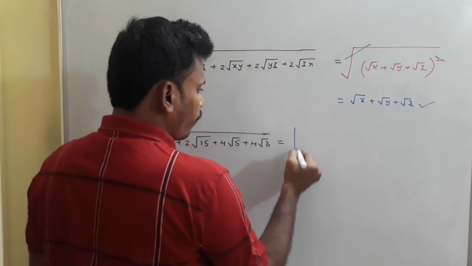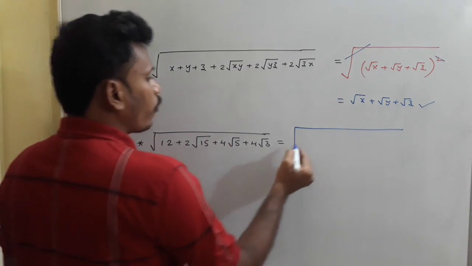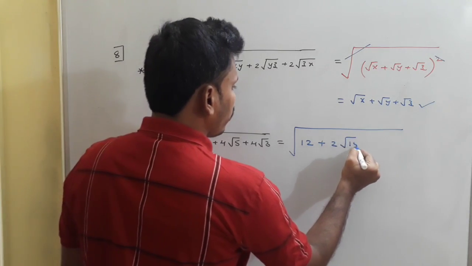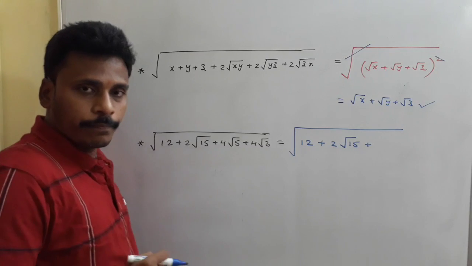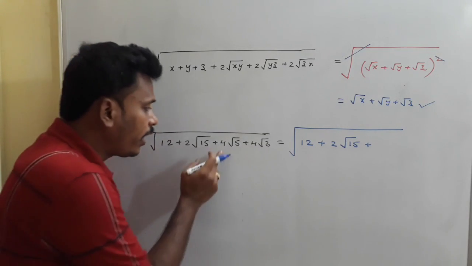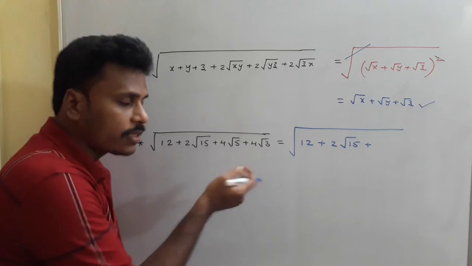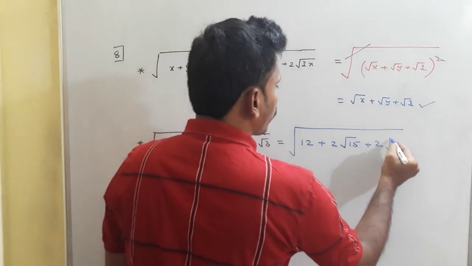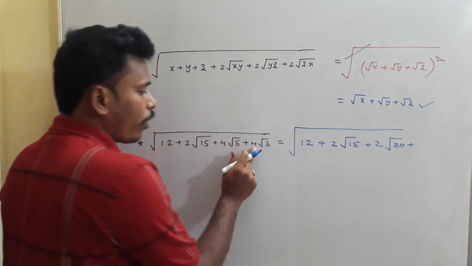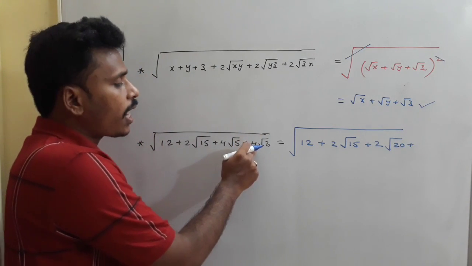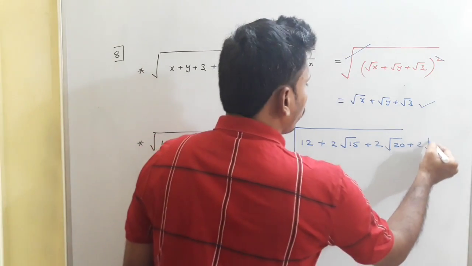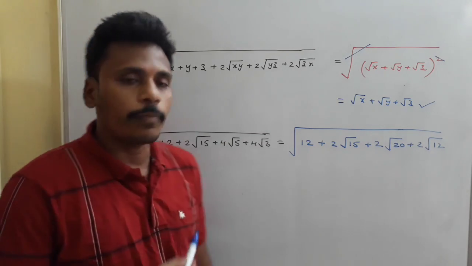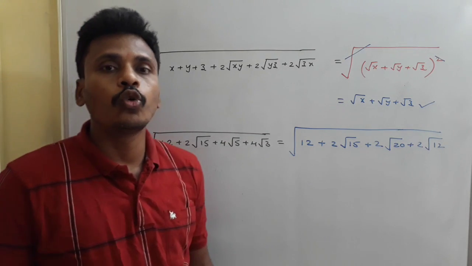So this is equal to square root of 12 plus 2 root 15 plus 4 root 5. 4 is 2 into 2, I need one 2 outside and I will send the other 2 inside, so 2 into 4 times 5 is 20, plus 4 root 3, again it is 2 into 2, one 2 outside and the other 2 inside, so again 2 into 4 times 3 is 12. So square root of 12 plus 2 root 15 plus 2 root 20 plus 2 root 12.